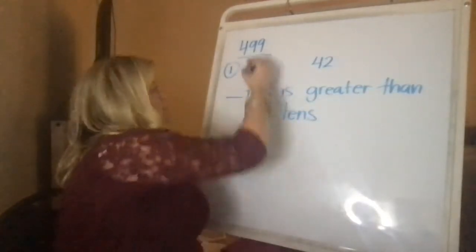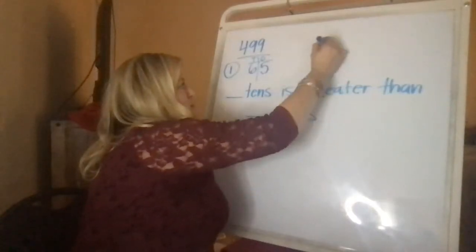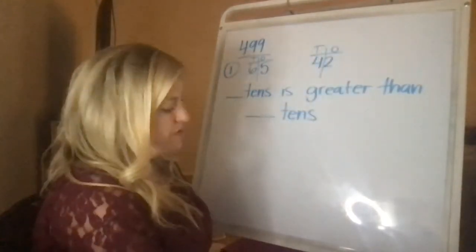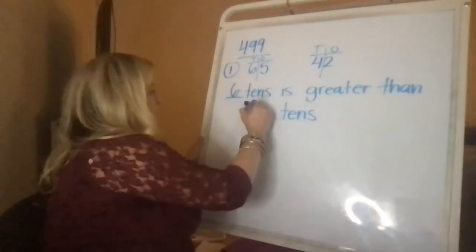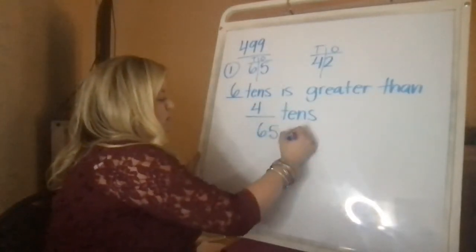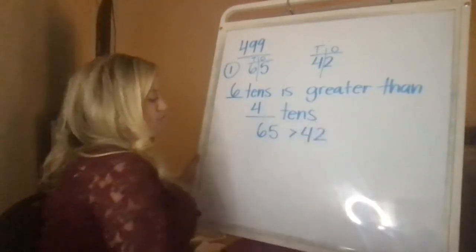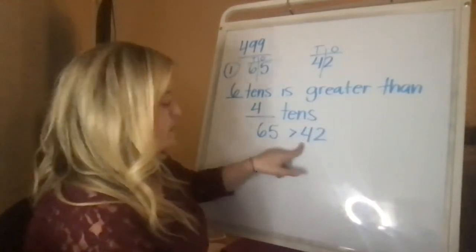So they broke it down for you. They've already put in the tens and ones. Hopefully you can see 6 tens is greater than 4 tens. So you would write it out as 65 is greater than 42. When the biggest number is first, it's a greater than. 65 is greater than 42.